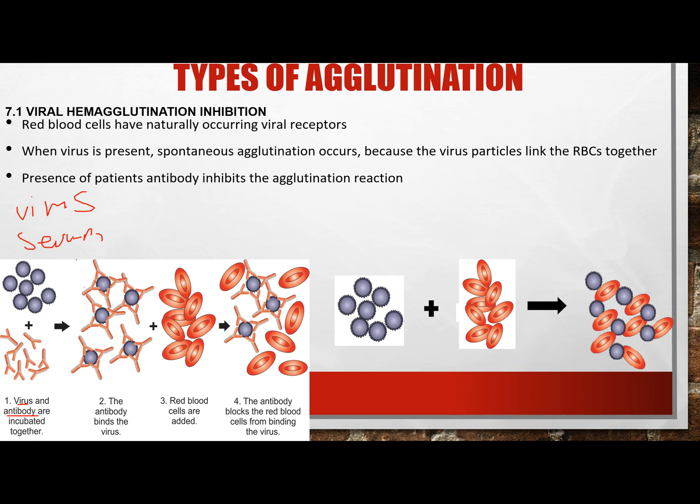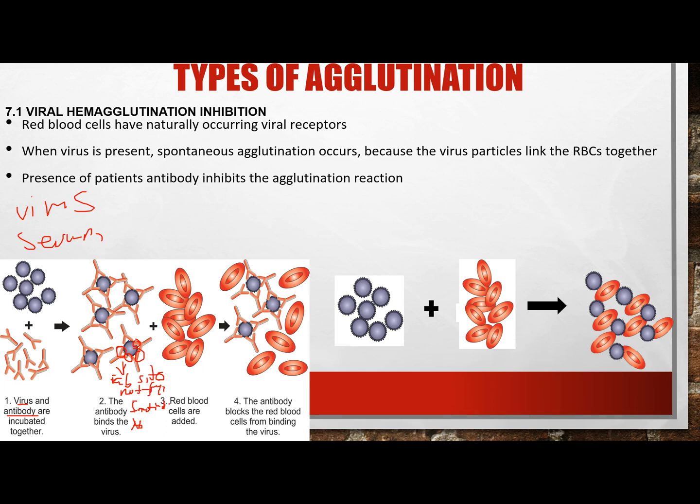Now, the virus would bind with the antibody. And when the antibody binds to the virus, this will cause an inactivated antibody. Why again inactivated? Because the Fab sites are not free.